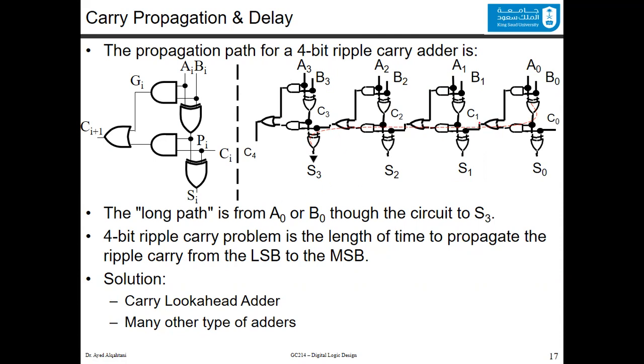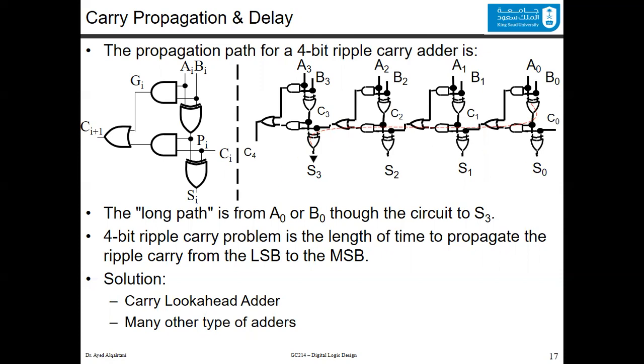So this will have a bigger delay because of this ripple behavior. To solve this problem, we could use carry look ahead addition, or other types of adders. This is the critical disadvantage of the ripple carry adder. It has a long delay to generate the result.